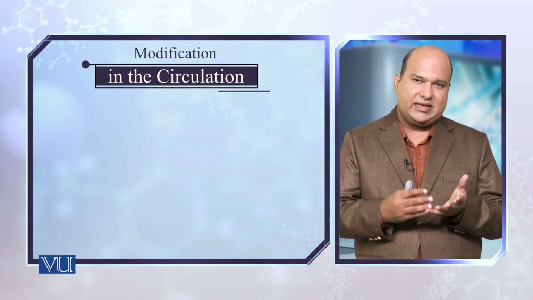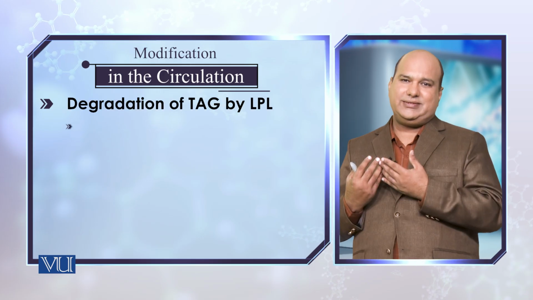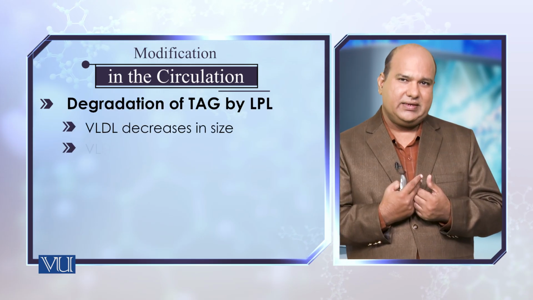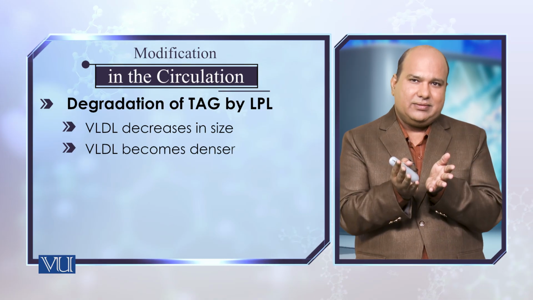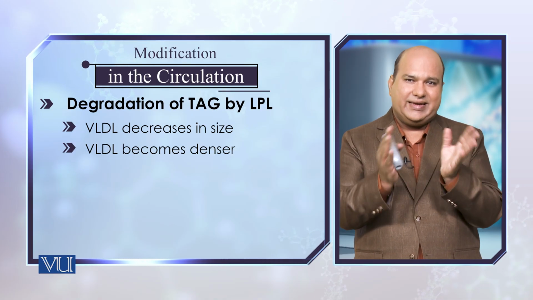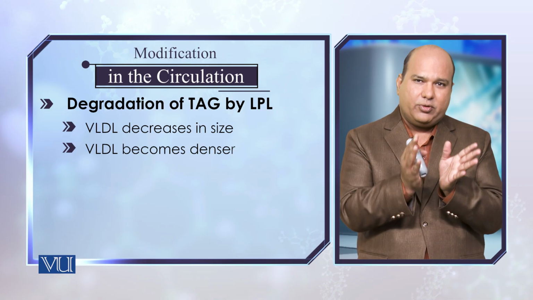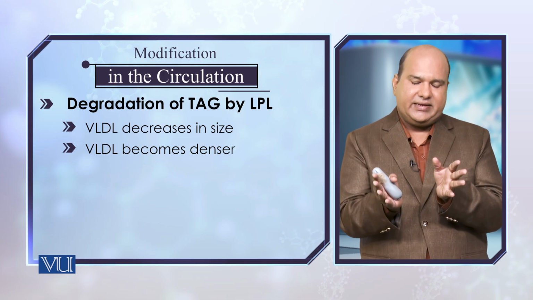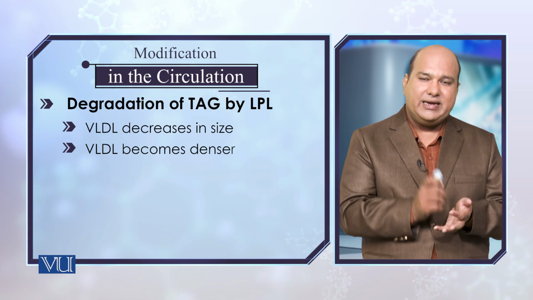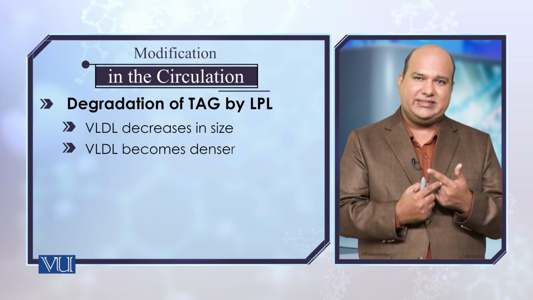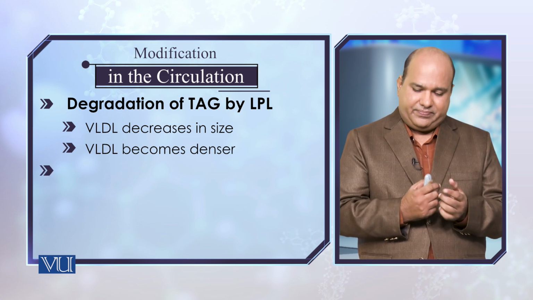As a result of this, as we saw in the chylomicron, the more the TAGs get decreased because of the action of the lipases, the more dense the lipoprotein will become. So the VLDL will become denser because of the action of lipases, because it's degrading the lipids.